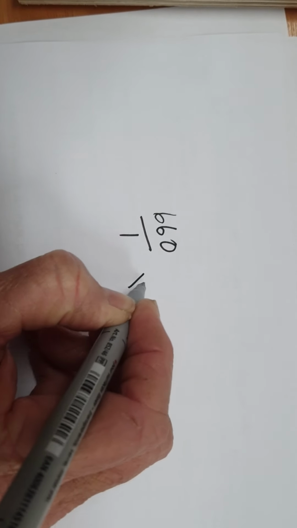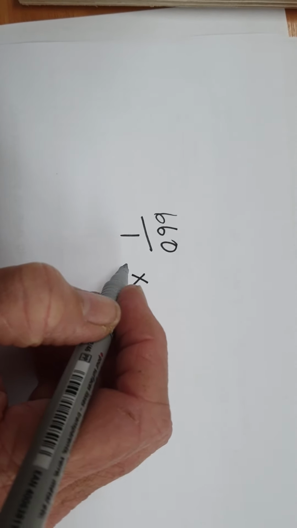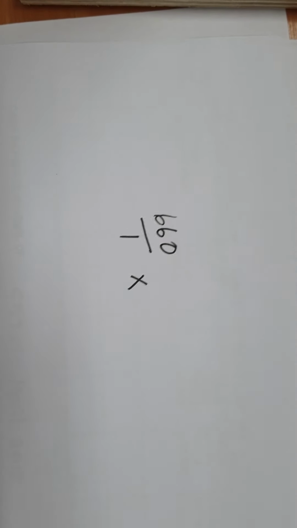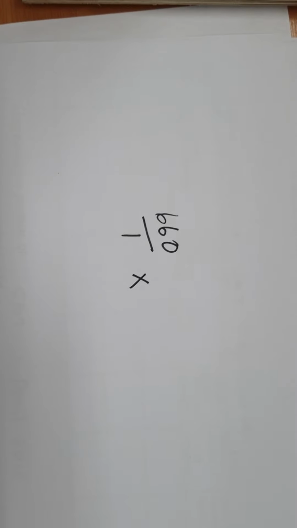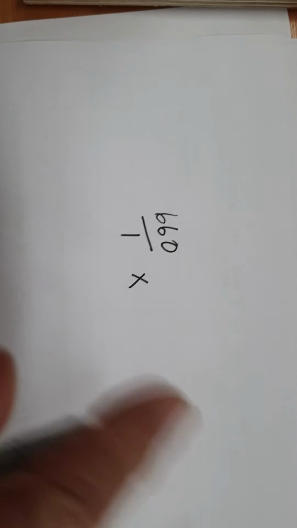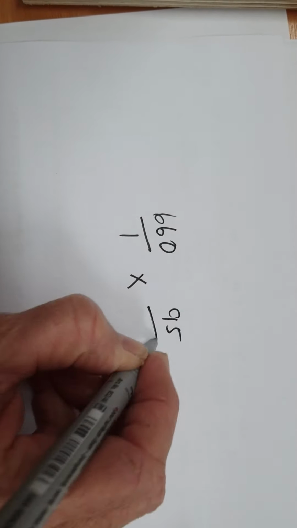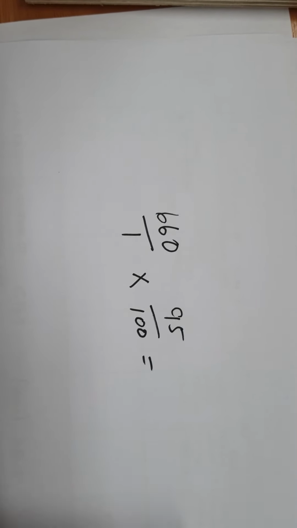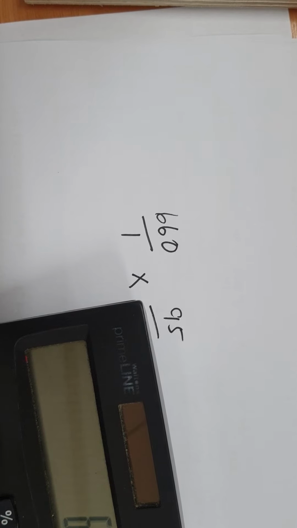Ek gaan 'n korting van 5% gee, so ek gaan 95% kry. Jammer, my sakrekenaar. Met 95%, en dit is gelyk aan 660 maal 95% gedeel deur 100.